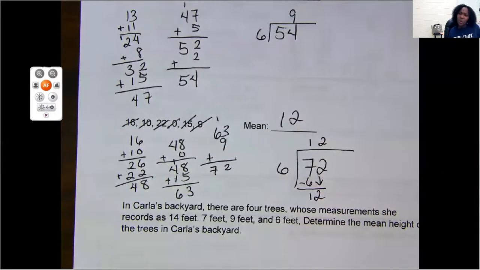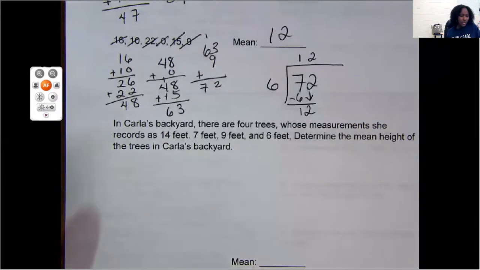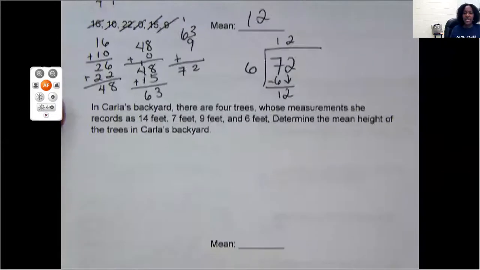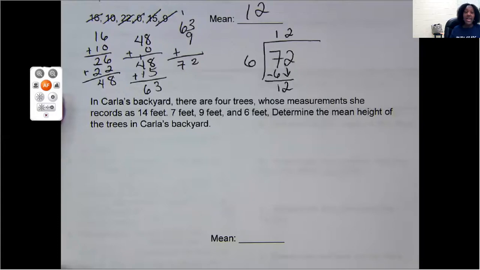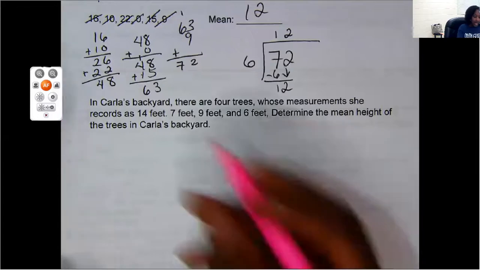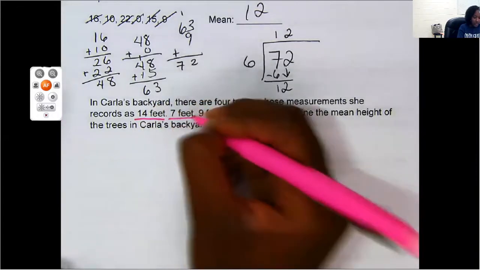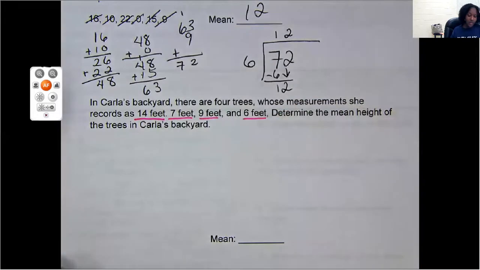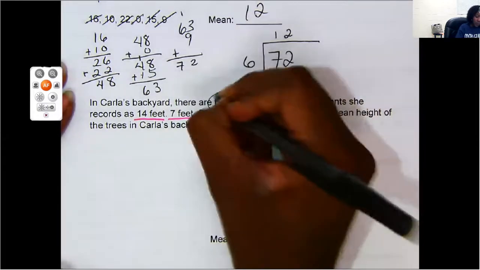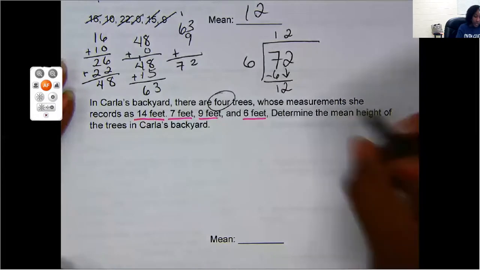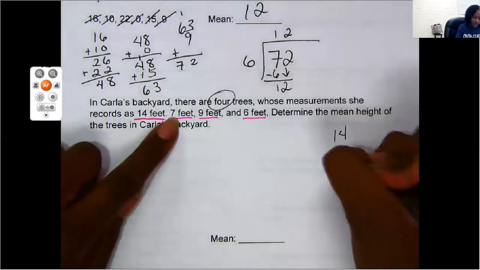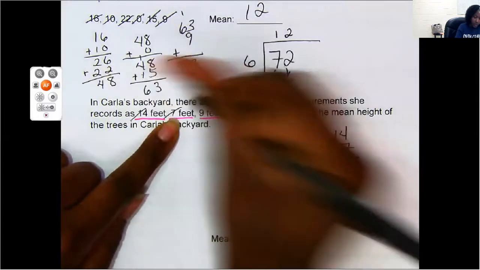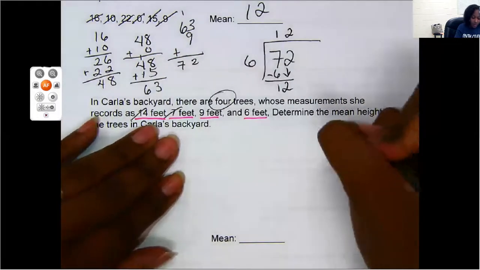Okay. Now let's throw a word problem in there. Nothing different. We just got to make sure we pick out the pieces of information that we need. We're still finding the mean. In Carla's backyard, there are 4 trees whose measurement she records as 14 feet, 7 feet, 9 feet, and 6 feet. Determine the mean height of the trees in Carla's backyard. We already know that there's 4, so we're going to divide by 4 at the end, but we need to add. So we have 14 and 7, which is 21.